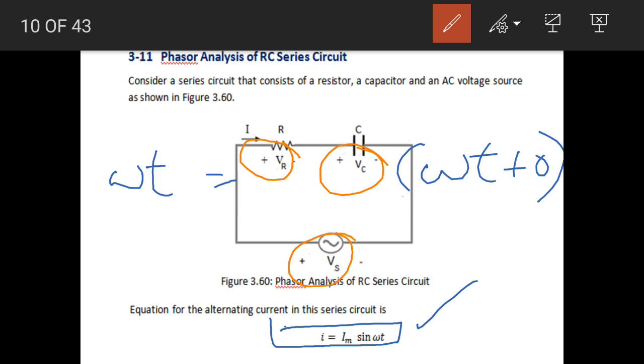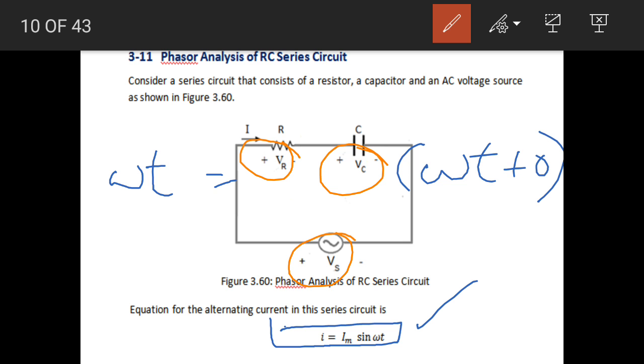So the phase angle of this current, omega t, can be written as omega t plus 0. The phase angle of this AC current is 0. So we consider this current as a reference current. This is a reference current. This is why the phase angle of this current is 0.